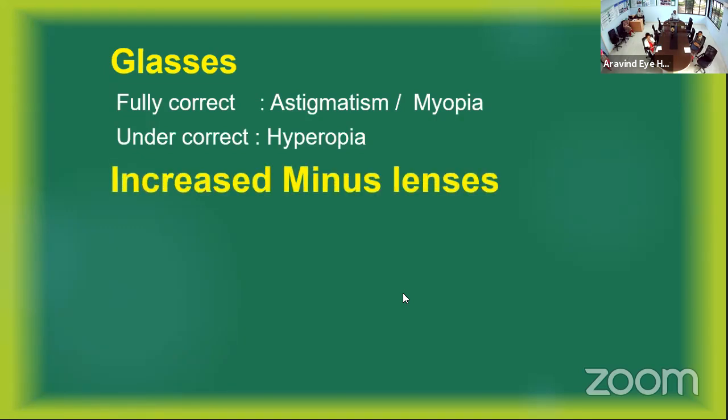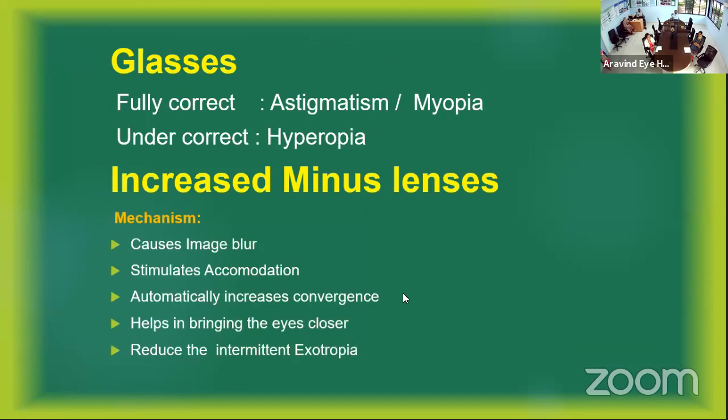The other important modality of treatment is increased minus lenses. Though it has been very famously talked about, actually the minus lenses help only a very small subset of patients. So we'll see how these minus lenses work.